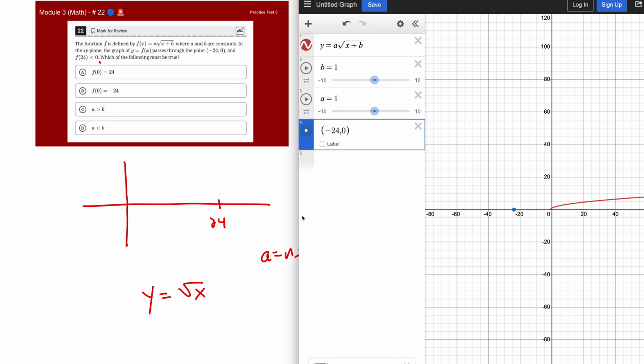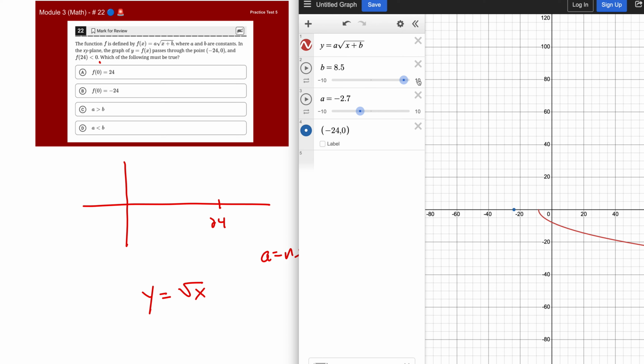Now, remember, when x is 24, y is negative. So this is going to have to flip this way, which is determined by a. If I move a, we can flip it that way. You also see that if you move b, it just moves side to side. I definitely want this to head towards our point of negative 24 comma 0.